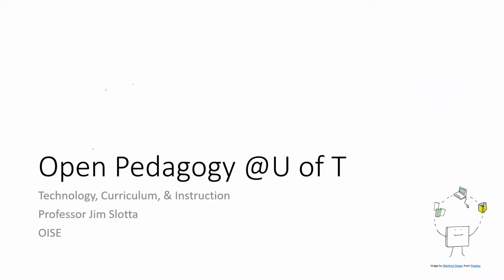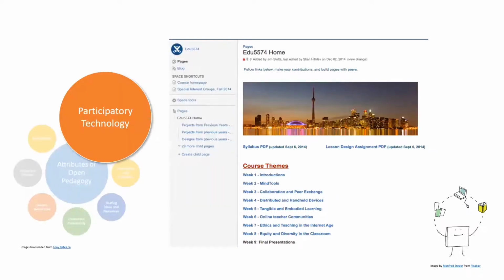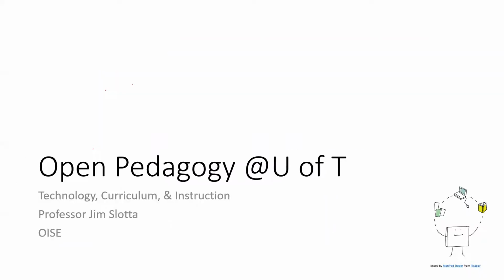So Will and I thought that we could share one example of open pedagogy, one example of what pedagogical practices on the open pedagogy spectrum with you that has been happening at U of T for over a decade now. I'll be sharing a course from OISE.